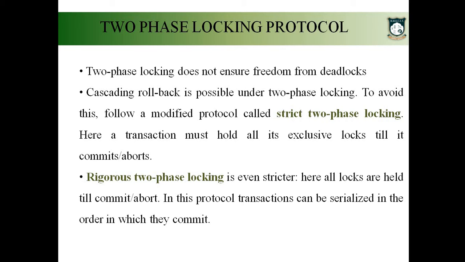But in the strict two-phase locking protocol, the locks can be obtained in the growing phase, and in the shrinking phase the locks can be released, but the exclusive mode locks can be released only at the end of the transaction. Till then it will be holding its exclusive mode locks.